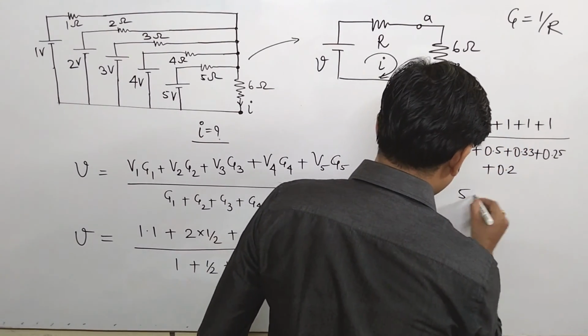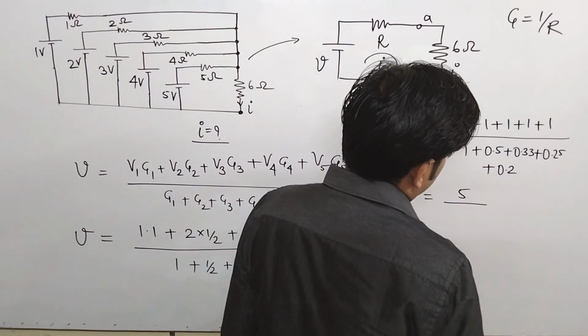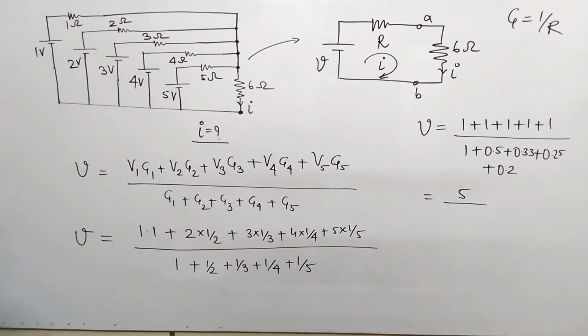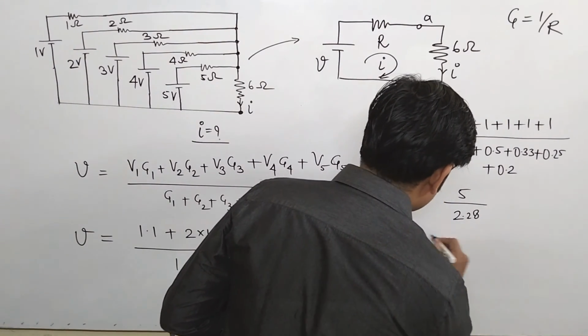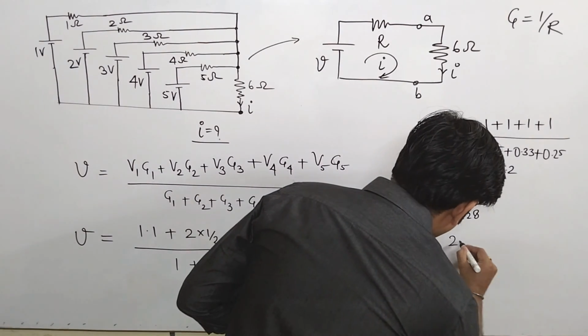So that comes to be 5 upon 2.28. So V comes to be 2.2 volt.